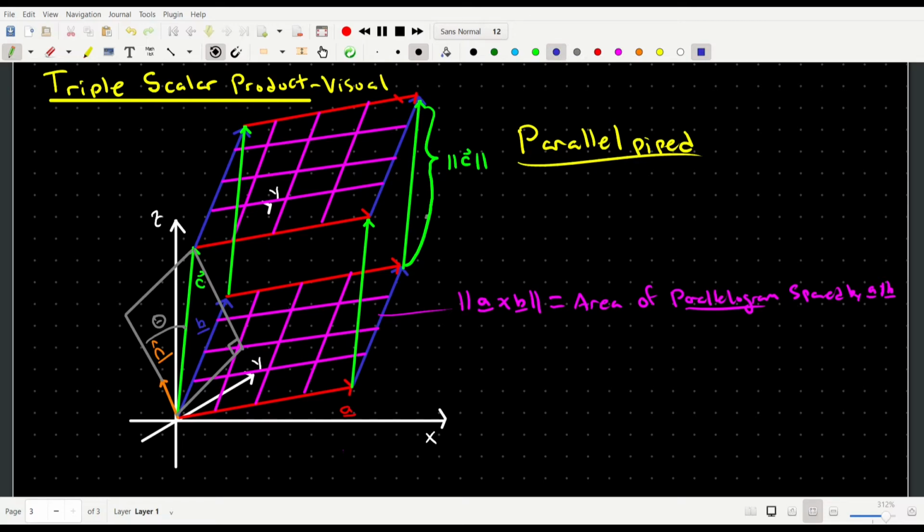But the distance that I'm after here is this distance right here. This height right here.